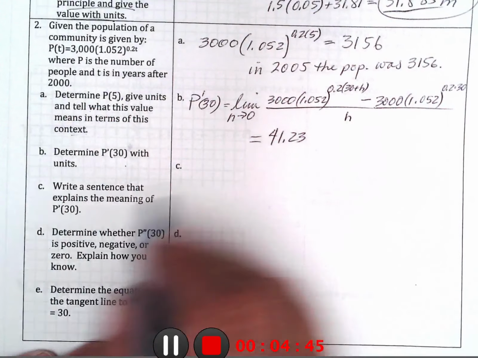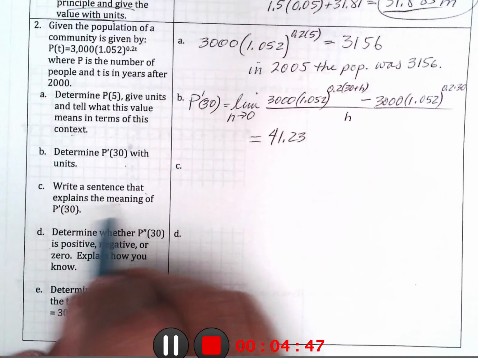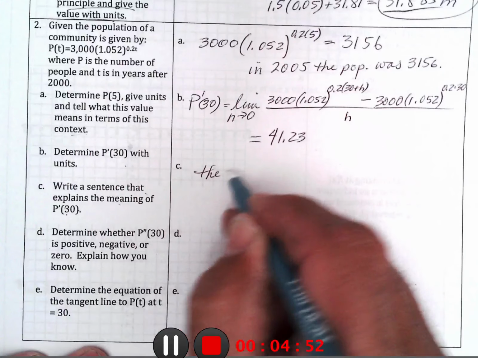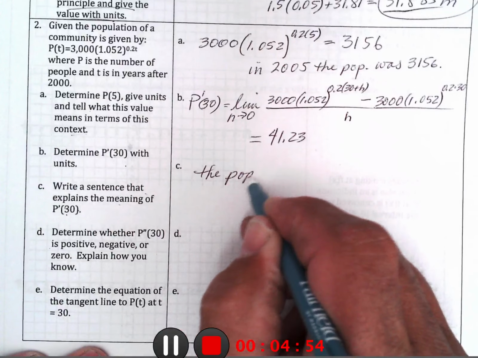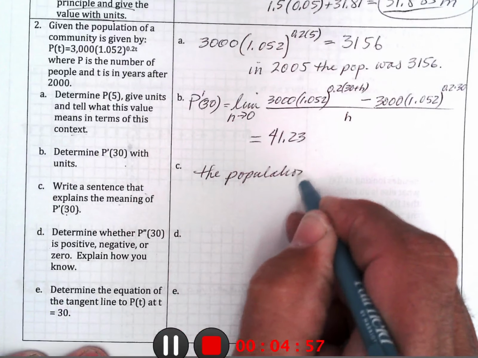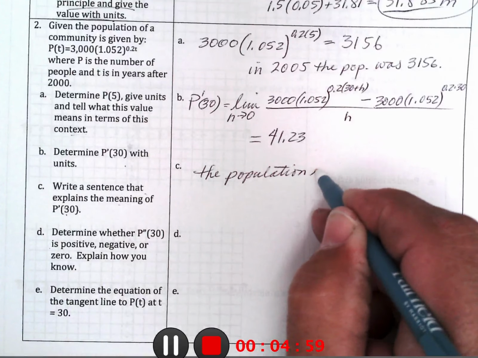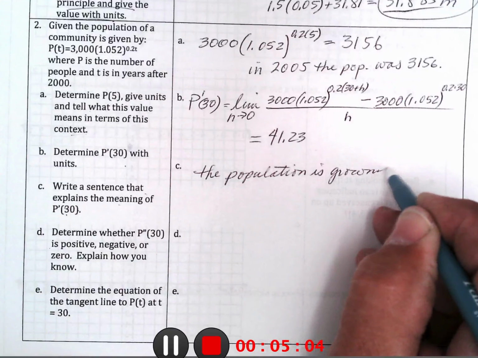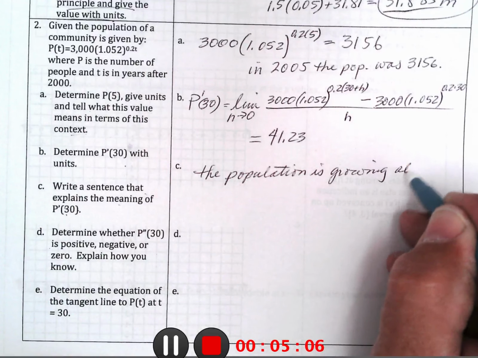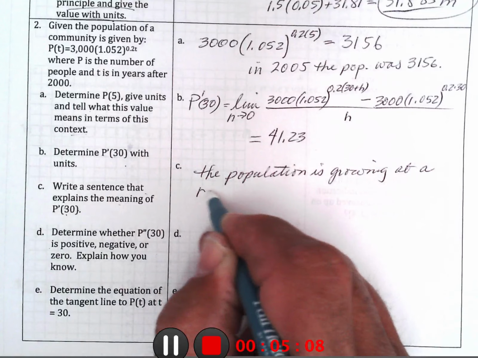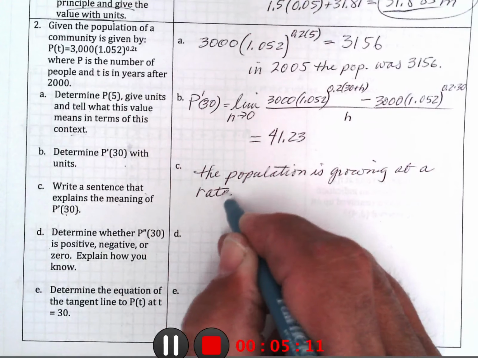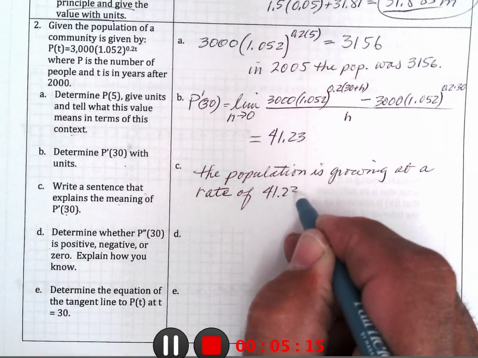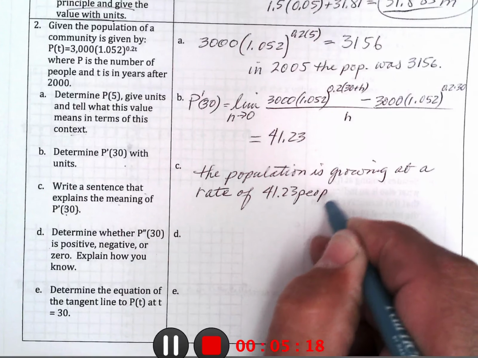Write a sentence that explains what the meaning of this. This means that the population is growing at a rate of 41.23 people per year.